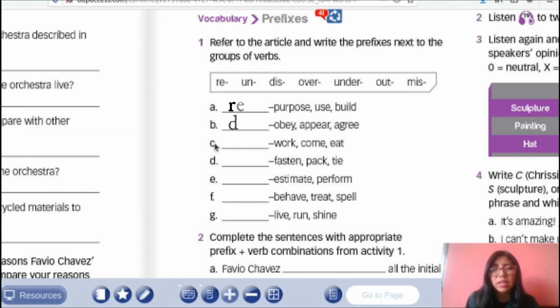Okay? The letter C, work, come, or eat. What prefix are we going to use? That's right, we are going to use over. Overwork, overcome, overeat. The letter D, pay attention. We are going to use un.